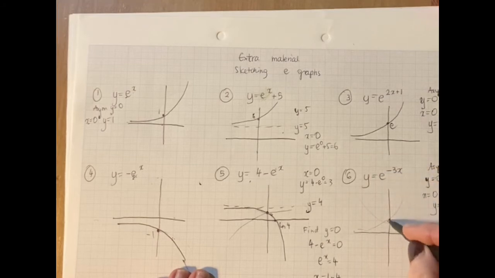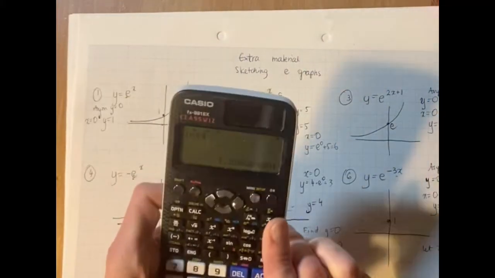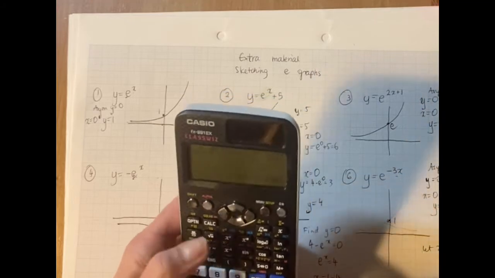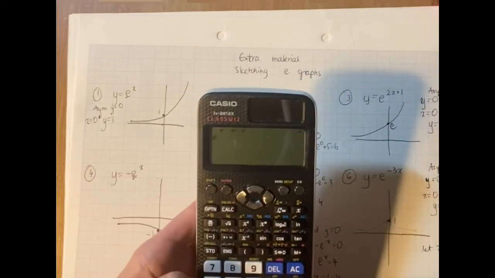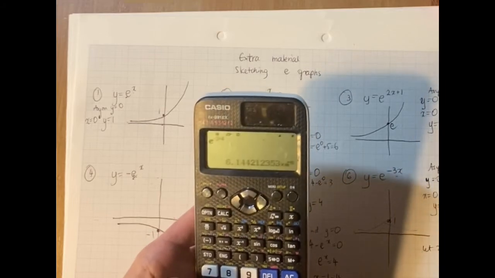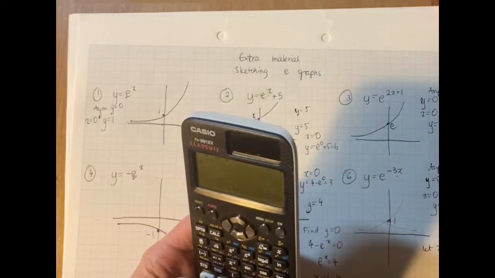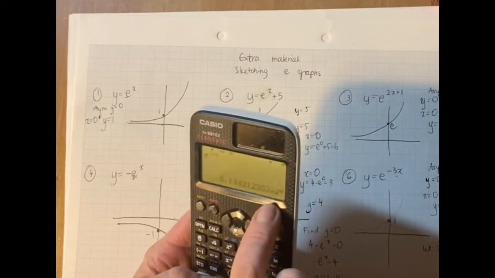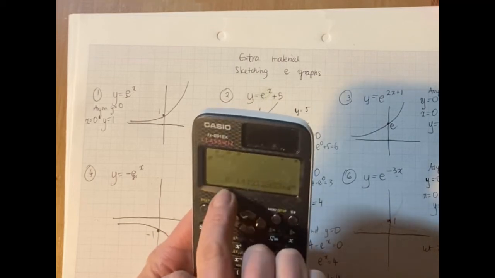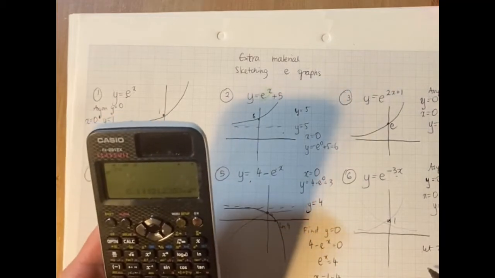So what you can do is simply put another value of x. So let x equal to 4. What happens if I put e to the power of minus 3 times 4? So that looks like a very tiny number, because it's 6.144 times 10 to the power of minus 6. So that's 6 in the 6th decimal place.